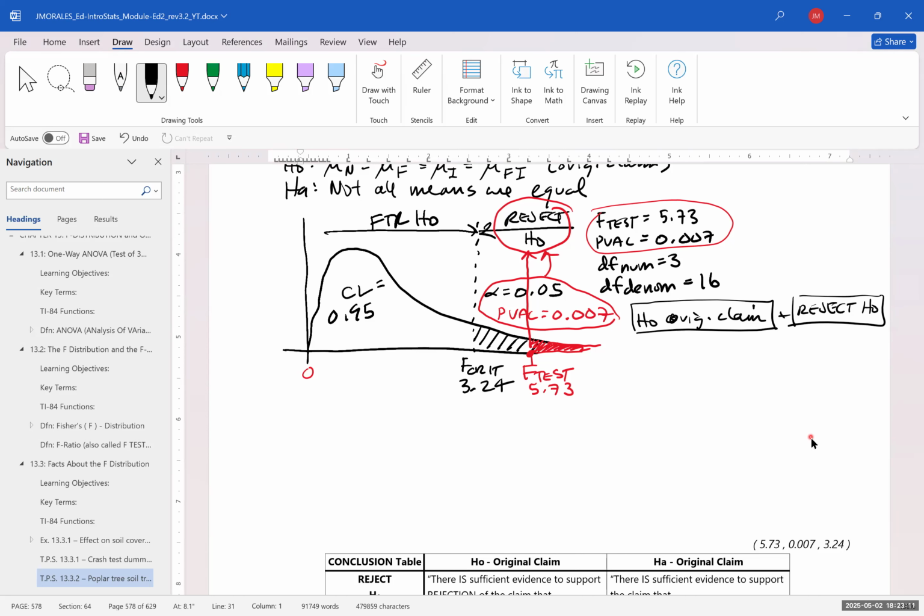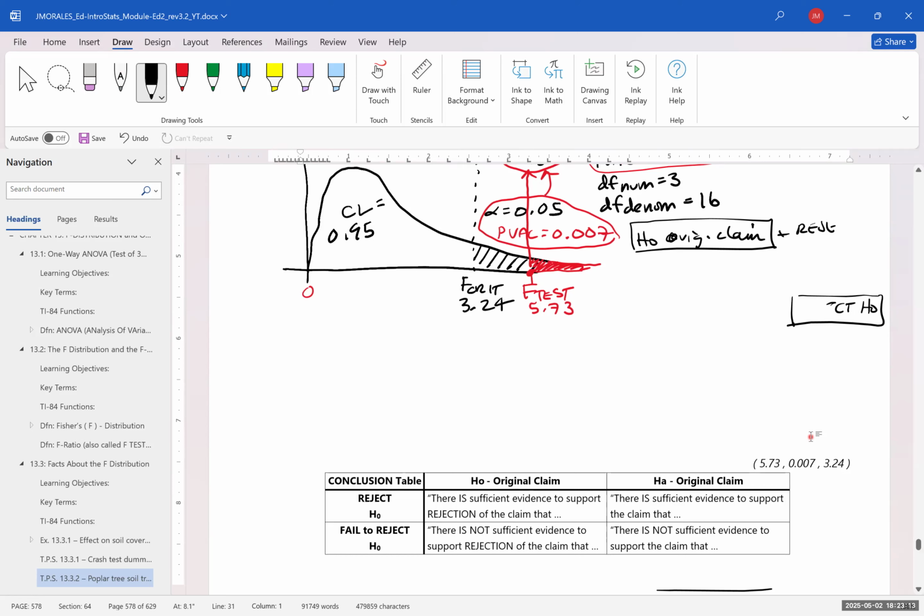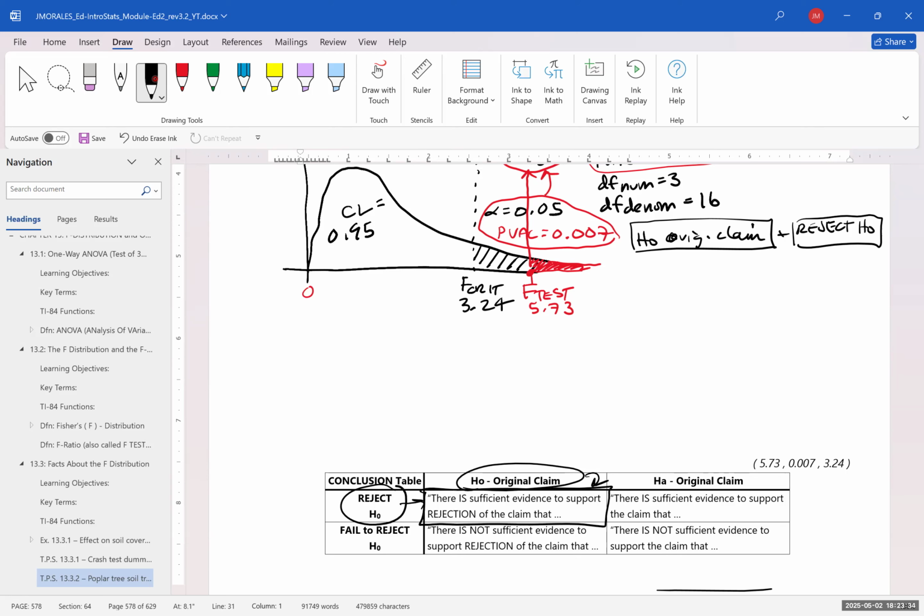Wait for this to finish. And yep, it did that again. All right, so we will reject the null. Reject the null, and the null is the original claim. So this is going to be our outcome, write our conclusion.